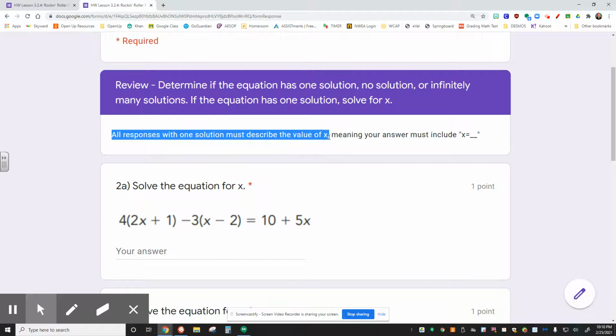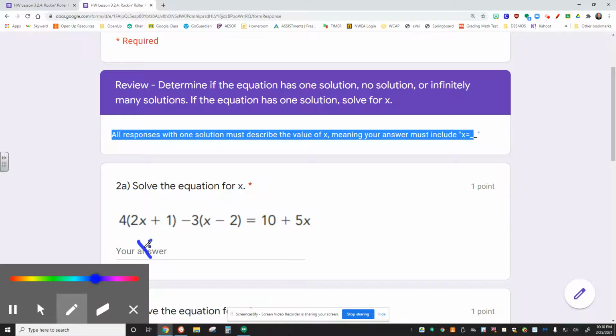So if the equation has one solution, you have to solve it, and the response that you give has to say x equals. If there's not one solution, then you write infinitely many solutions or you write no solutions.